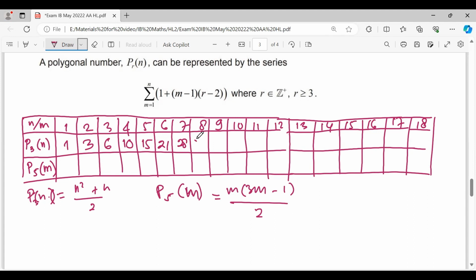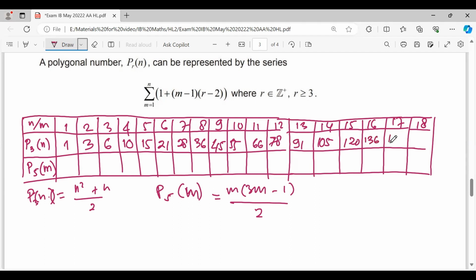If 8, 36. If 9, 45. If 10, 55. If 11, 66. If 12, 78. If 13 is substituted into these equations, it will be 91. If 14, 105. If 15, 120. If 16, 136.